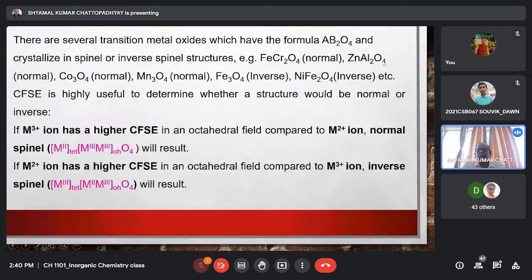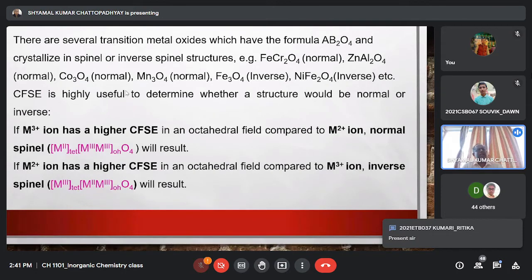Similarly, zinc aluminate. Neither zinc nor aluminium has any CFSE, so it will be a normal spinel. Co3O4, where we have a cobalt 2 ion and cobalt 3 ion. Now all cobalt 3 ions are low spin and thereby have a very high CFSE value, right? Low spin cobalt 3 has minus 24 dq as the CFSE.